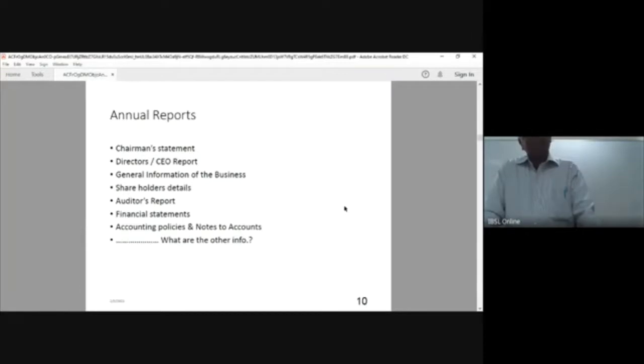That is another important thing for big companies. So this information is in the annual report. By going through it, you can take the necessary information to analyze the credit request.